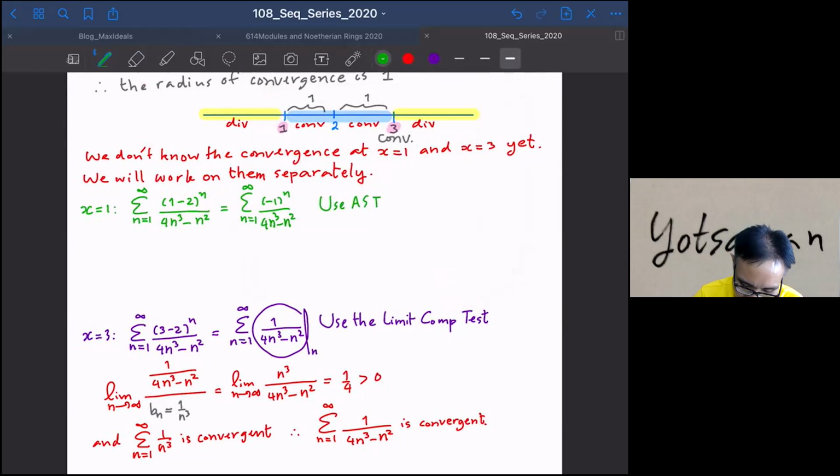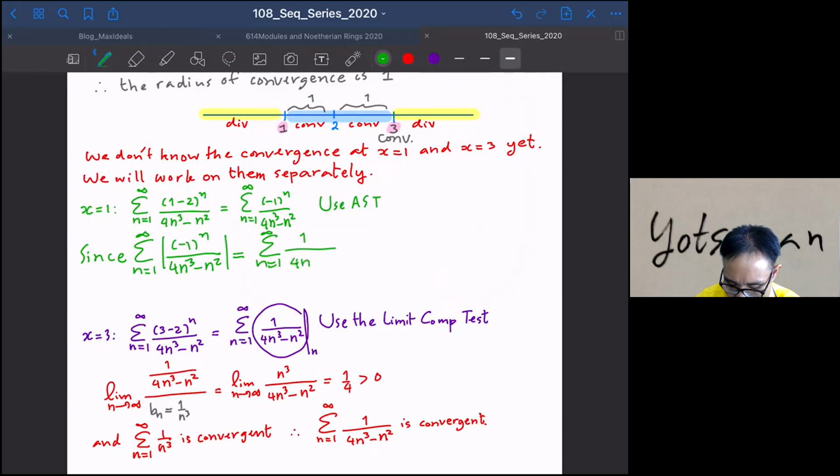You take the series of absolute values: absolute value of negative 1 to the n over 4n cubed minus n squared turns out to be equal to the series n equal to 1 to infinity of 1 over 4n cubed minus n squared.